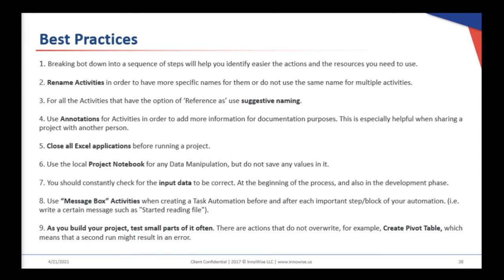Okay, then, in order to check how our bot is working or how it is executing the processes, whenever we have a major decision or major modifications, we make sure to check them in a message box.